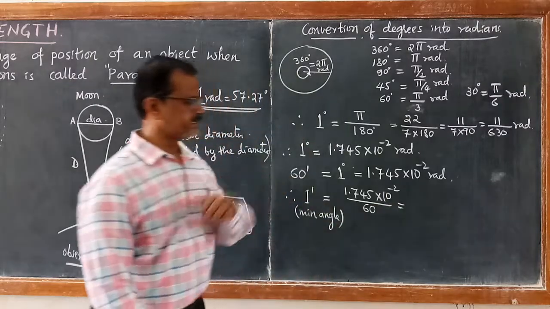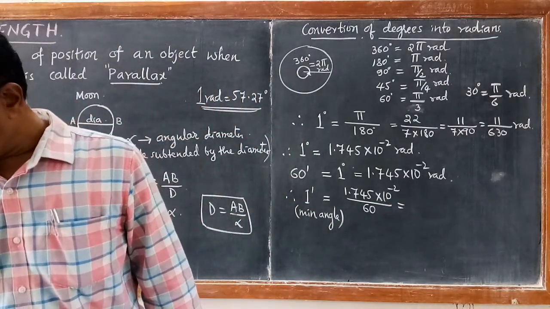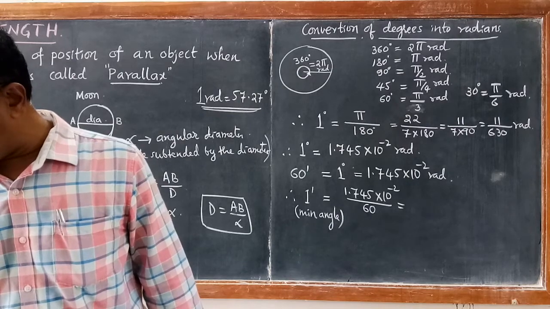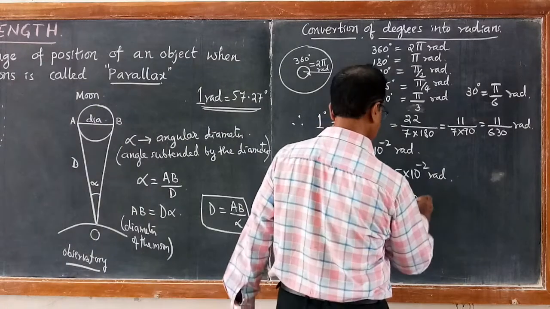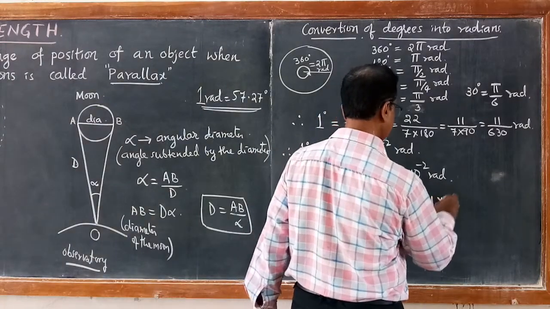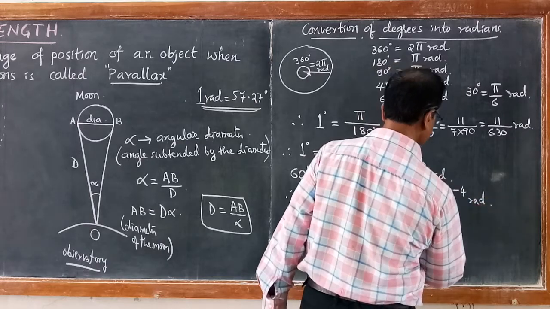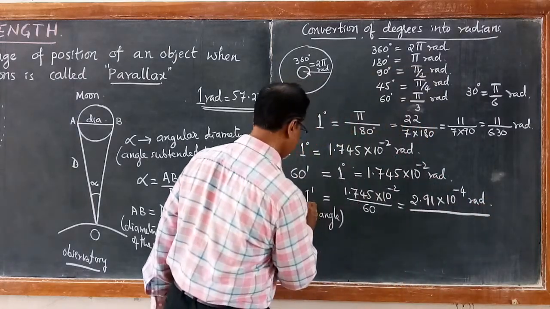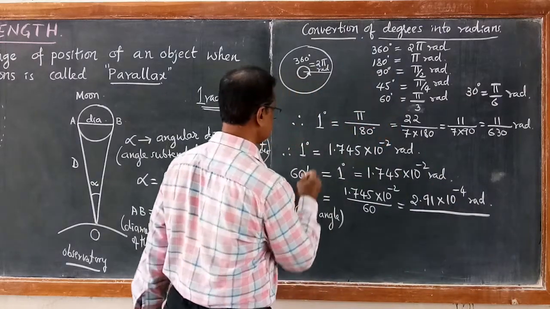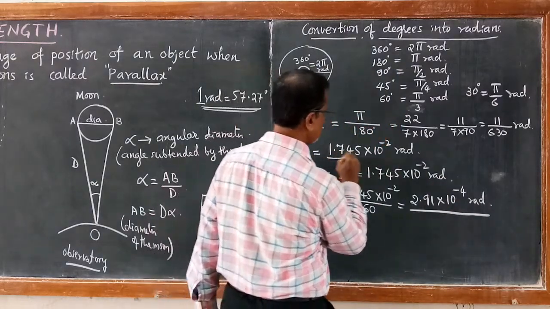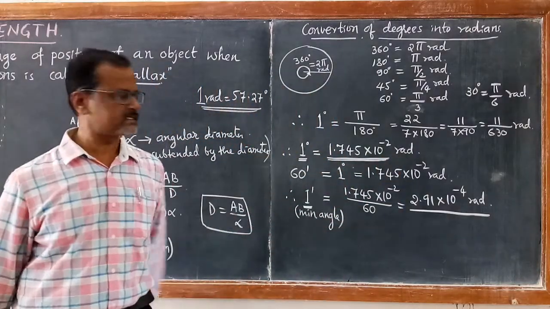If you calculate this, it comes out to be 2.91 into 10 to the power of minus 4 radians. So you must remember this: 1 minute is equal to 2.91 into 10 to the power of minus 4 radians. 1 degree corresponds to 1.745 into 10 raised to minus 2 radians.